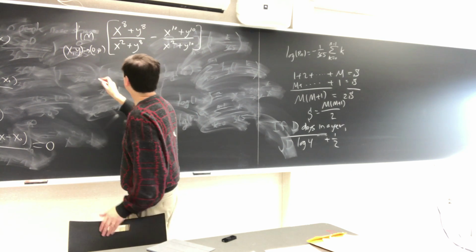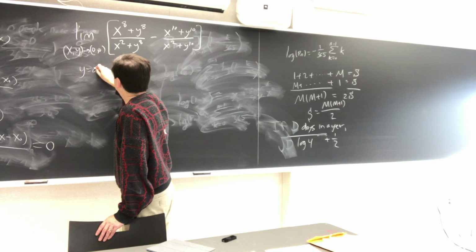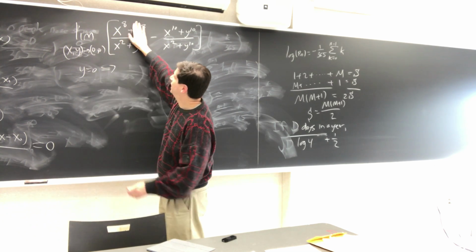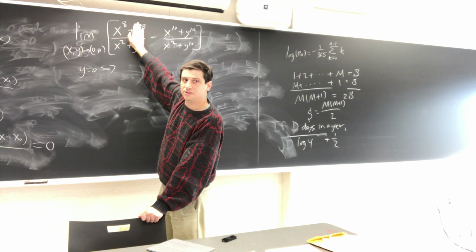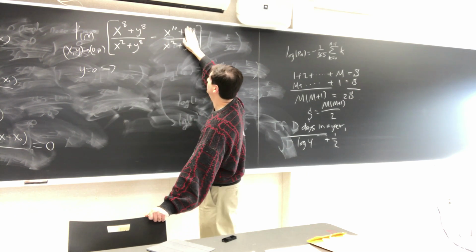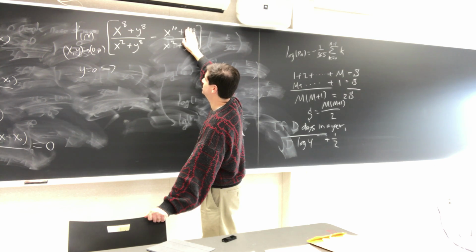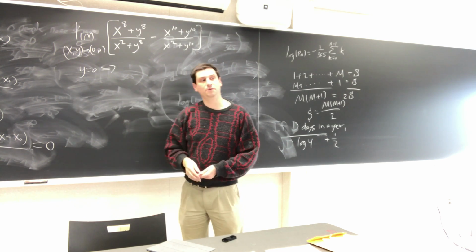If we take the path y equals 0, x to the 8th divided by x squared is x to the 6th, and as x goes to 0, that goes to 0. And over here, I have x to the 10th over x squared, that's x to the 8th, so that goes to 0.